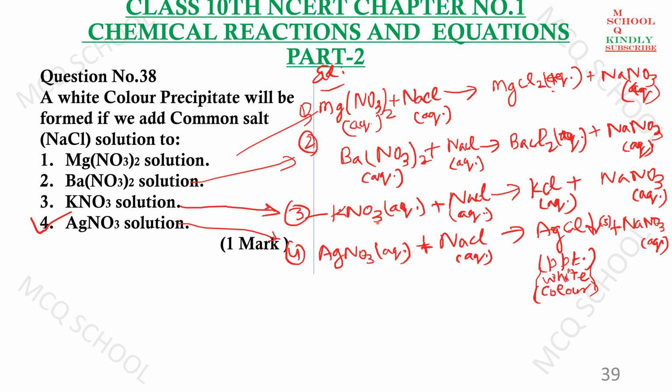Potassium nitrate aqueous reacts with sodium chloride aqueous, forms potassium chloride aqueous and sodium nitrate aqueous. In case of silver nitrate, reaction with the sodium chloride aqueous forms precipitate, that is silver chloride white precipitate, and sodium nitrate aqueous. So the answer is 4, silver nitrate, in which case silver chloride white precipitate is formed. The right answer is 4.